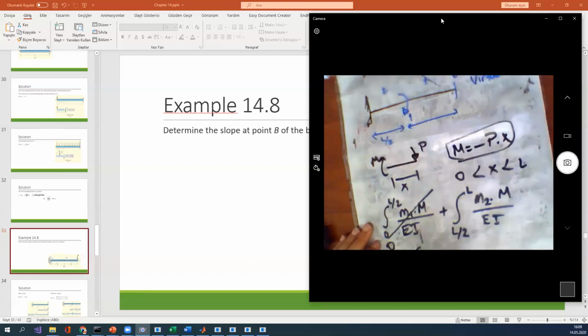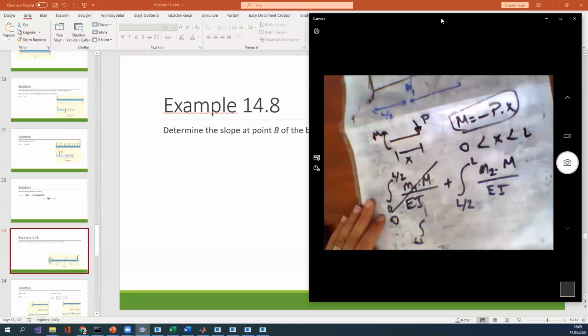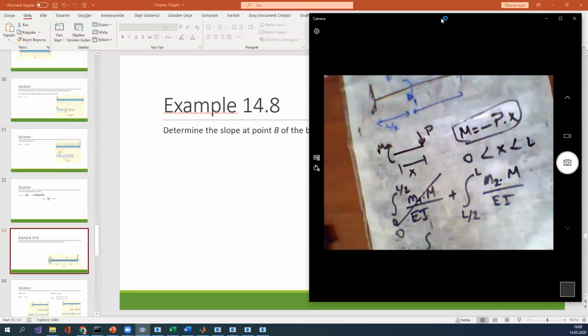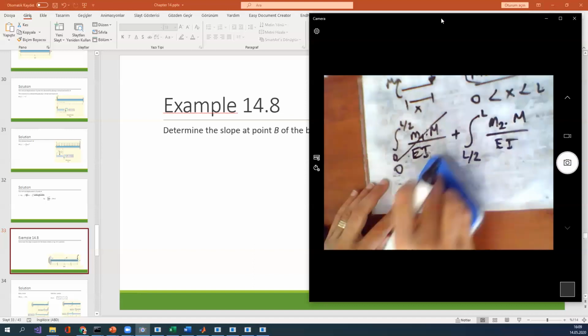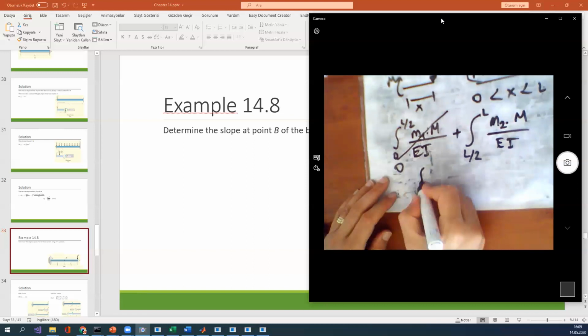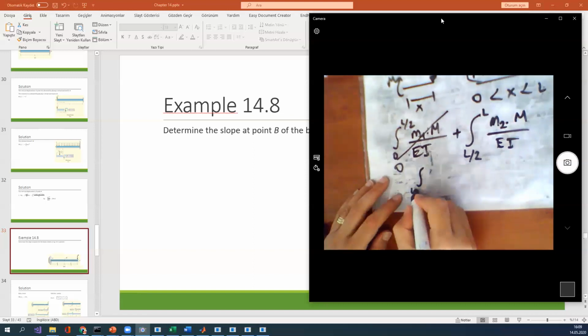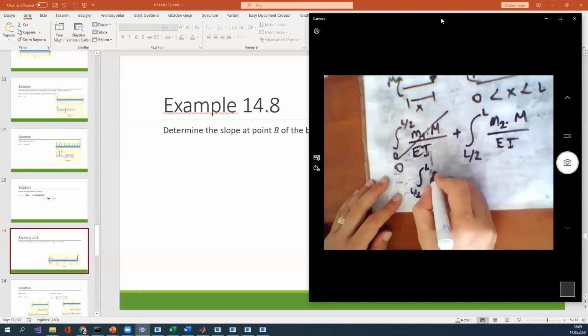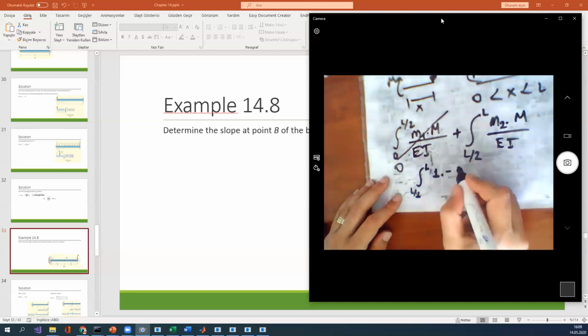You know, L over 2, sorry, I want to delete this part. Where is my eraser? I hope you can see. From L over 2 to L, m2 is equal to, you remember that the 1 times m is equal to minus, I'm sorry, actually it's minus 1, it should be.